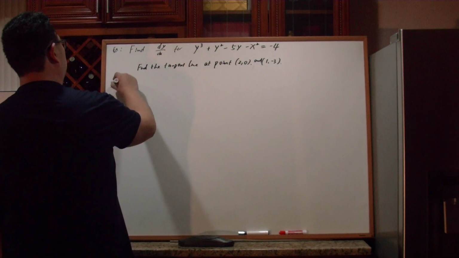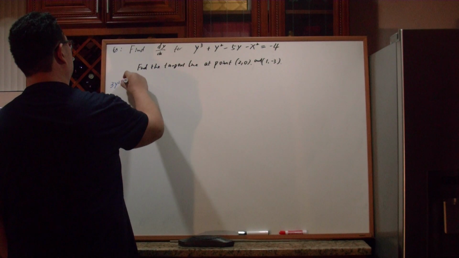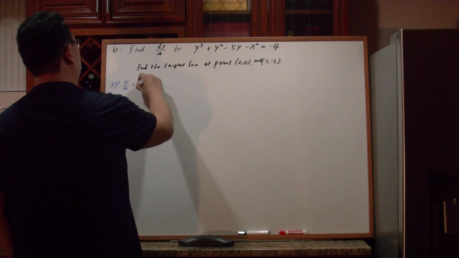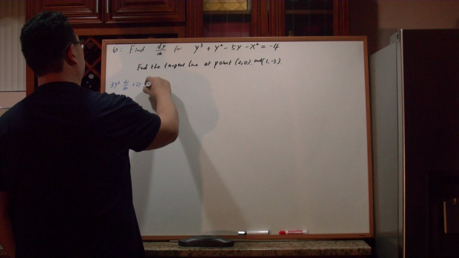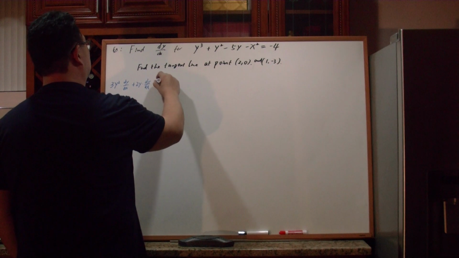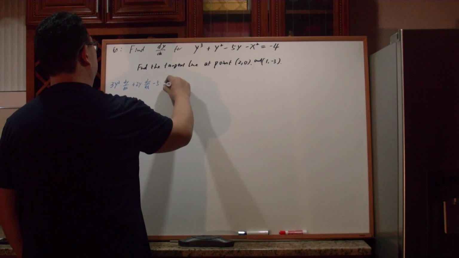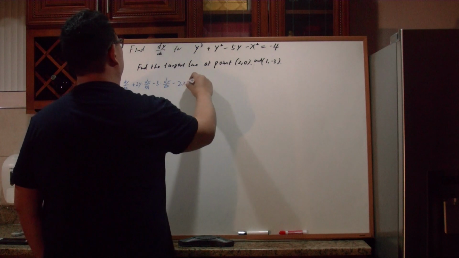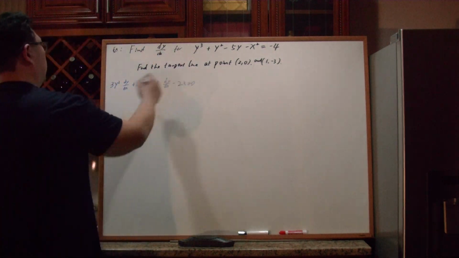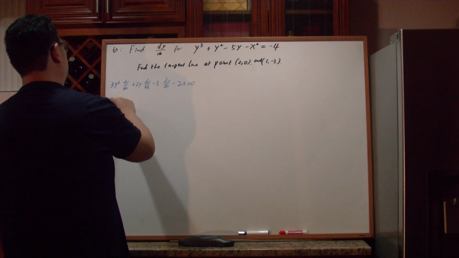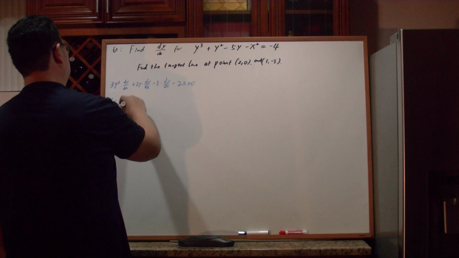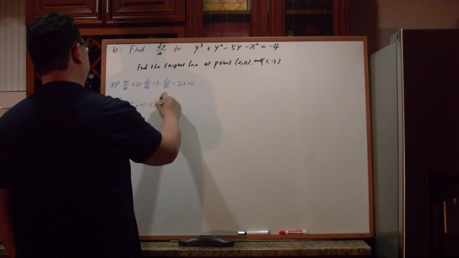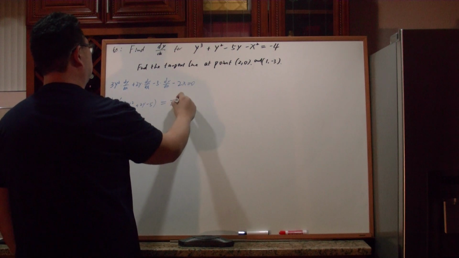We have 3y squared y prime plus 2y y prime minus 5 y prime minus 2x equals 0. So we factor out the dy/dx from the terms that have it. That gives 3y squared plus 2y minus 5 on the left side, and on the right side we have 2x.